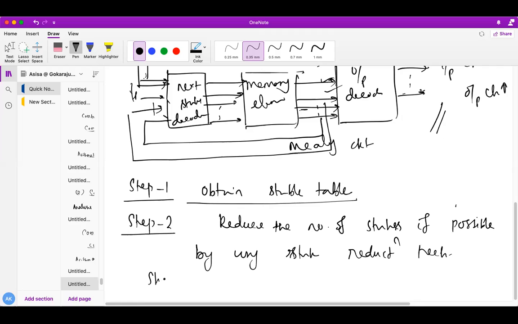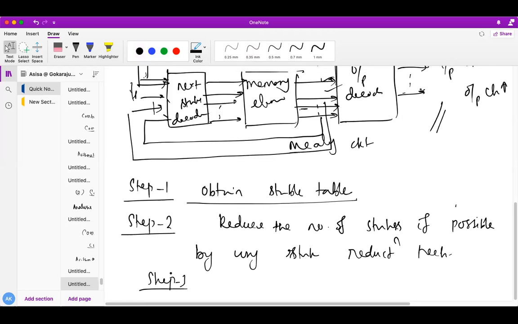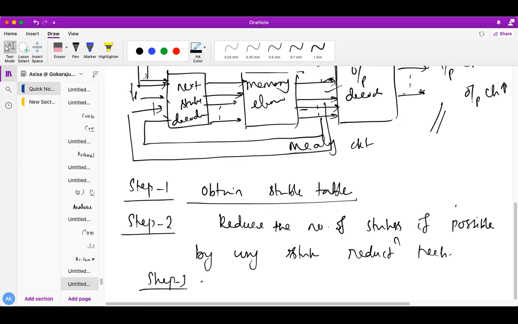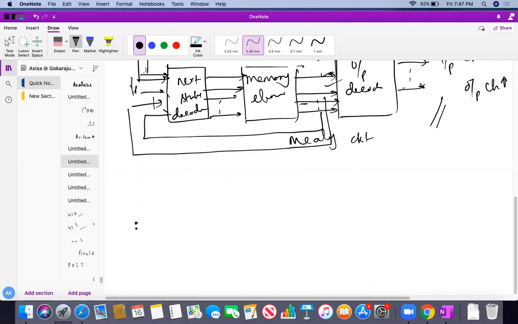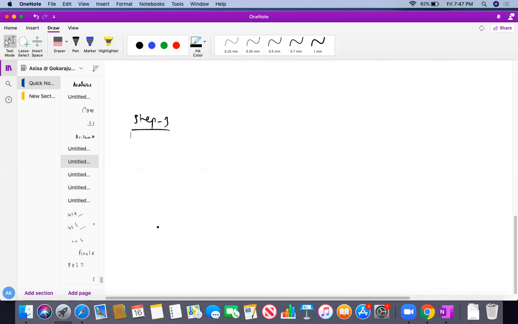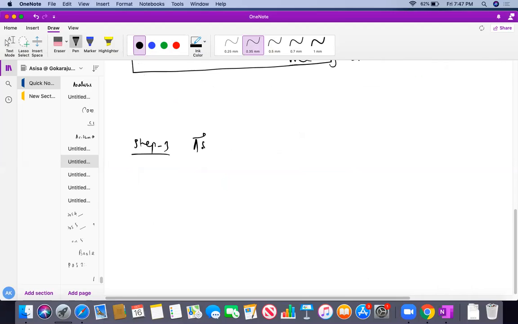Next, step three. My step three is to assign binary values to each state.